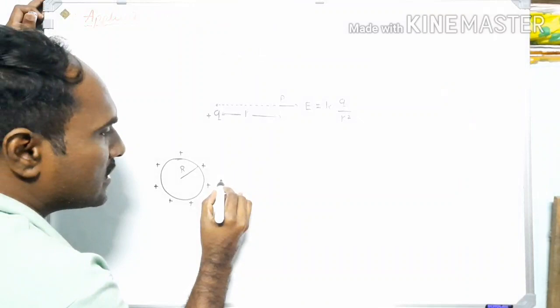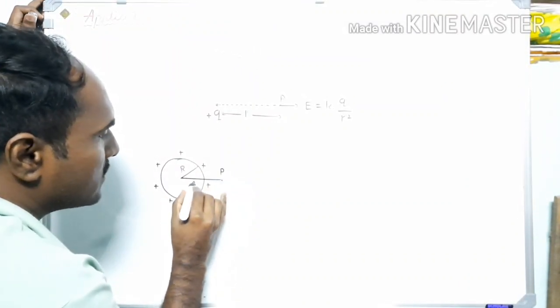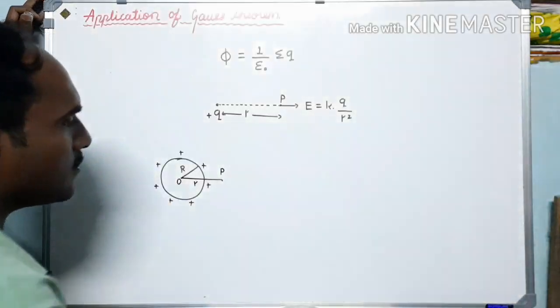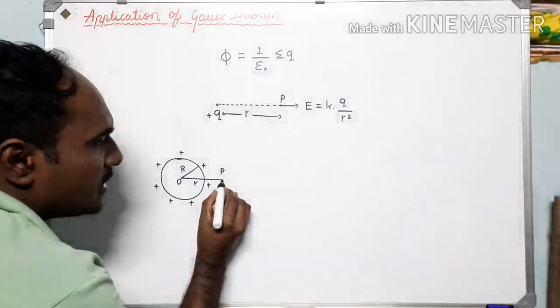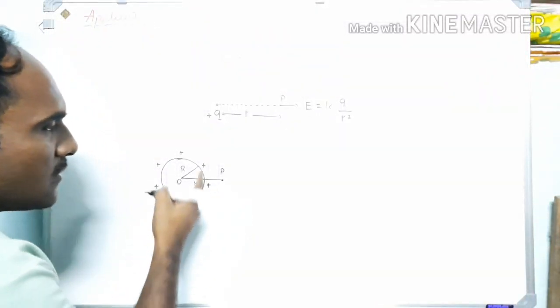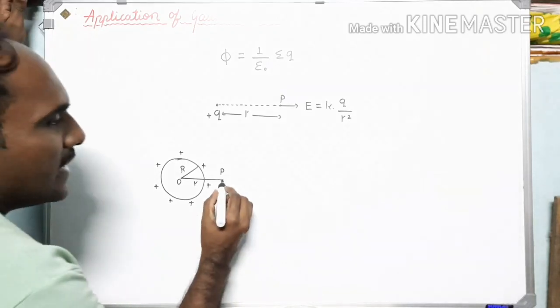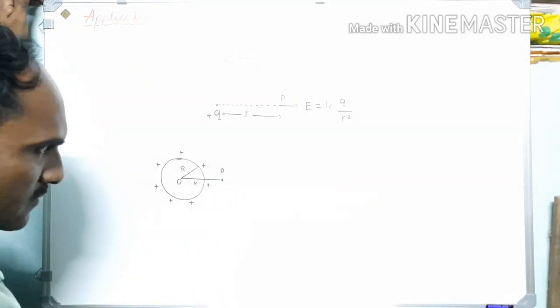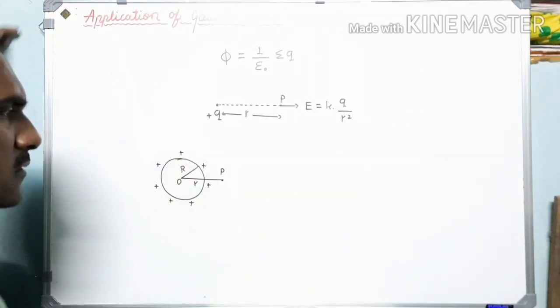Now I will consider a point P at a distance R from the center O of the sphere. Since the point P is present in the electric field of this charged sphere, intensity will be present here. Now what is the intensity at point P due to this charged sphere?